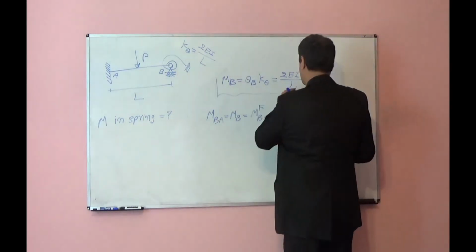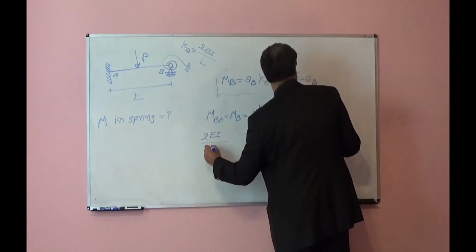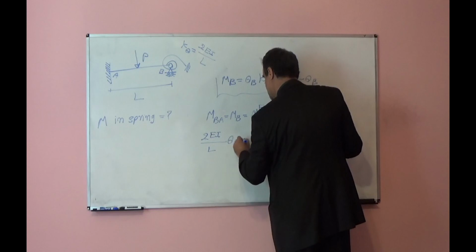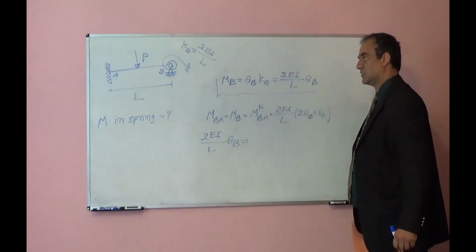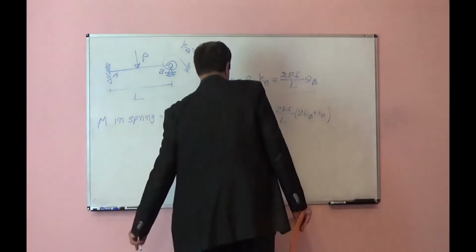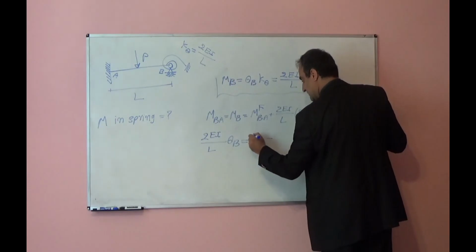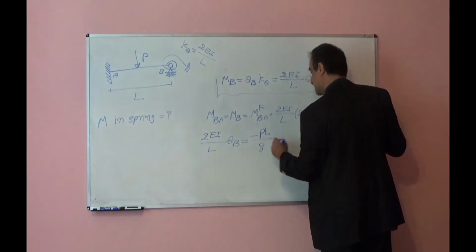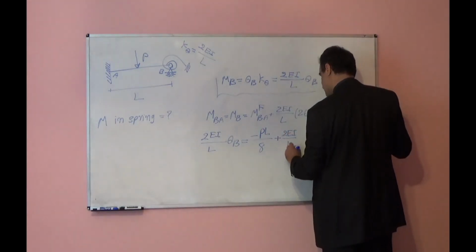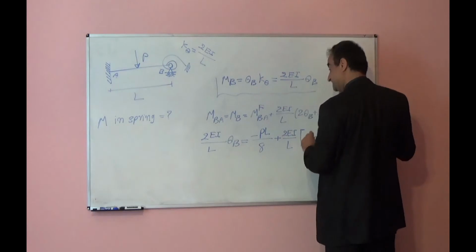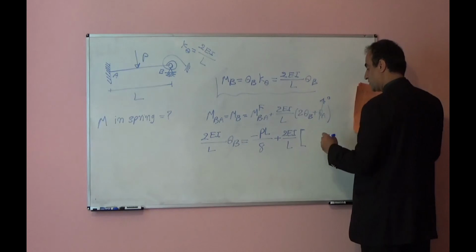So instead of MB, I can plug 2EI over L theta B. M fixed BA, fixed end moment for concentrated load, will be PL over 8, and it will be clockwise, so negative PL over 8, plus 2EI over L times 2 theta B, where theta A is 0 because of the fixed support.